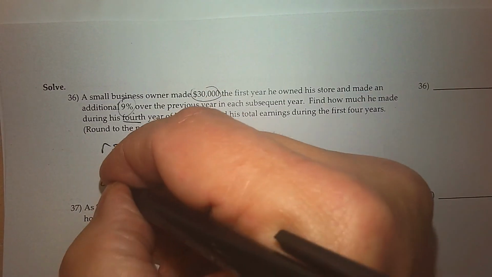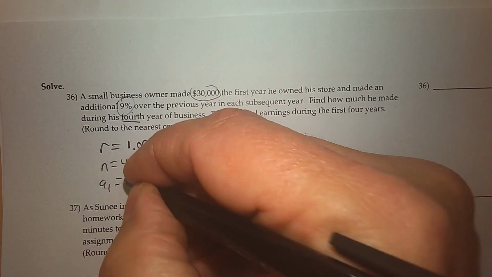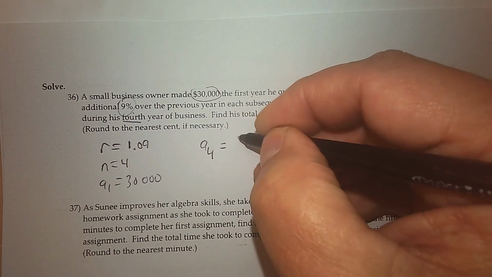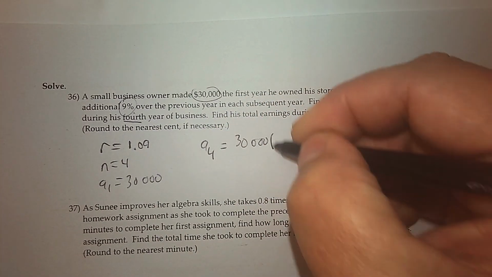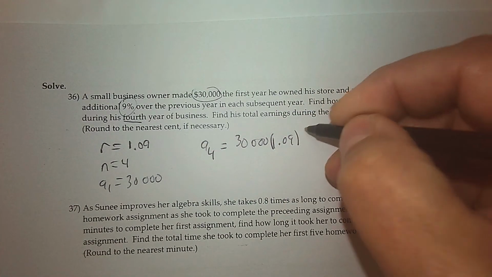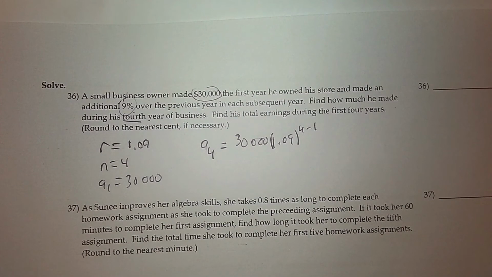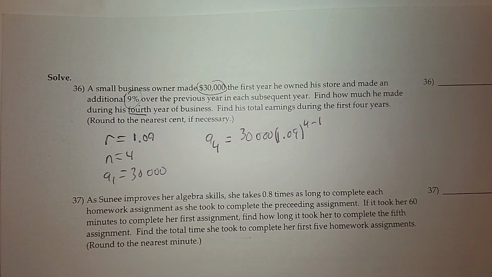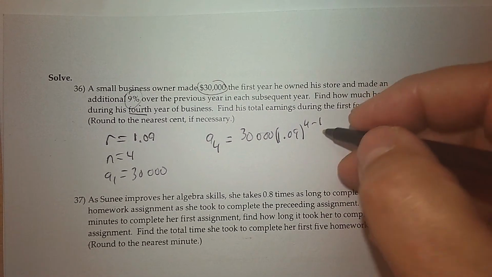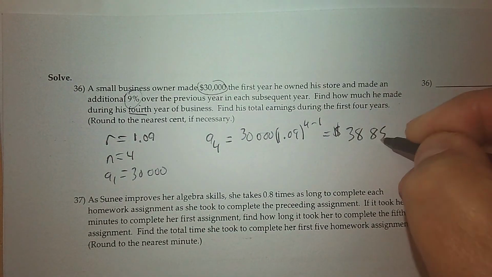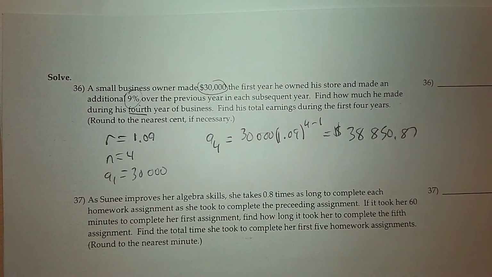And then A1 is 30,000. So I want to find the fourth term. So 30,000, 1.09 to the 4 minus 1. And you get $38,850.87.